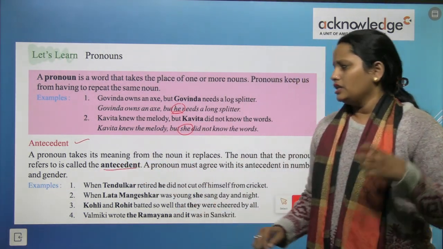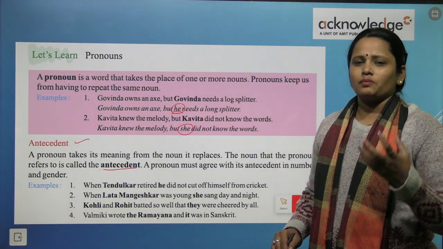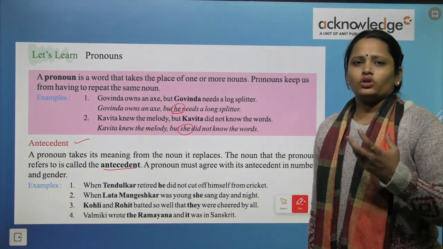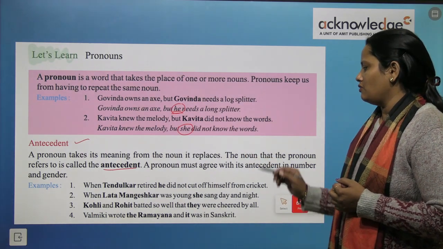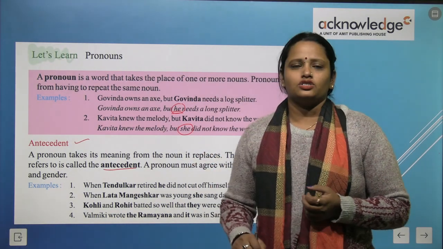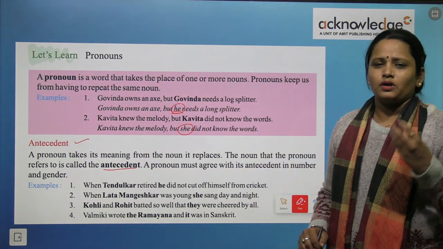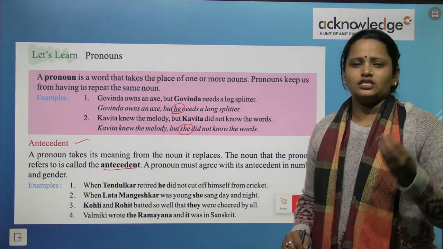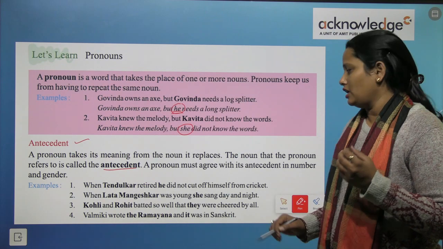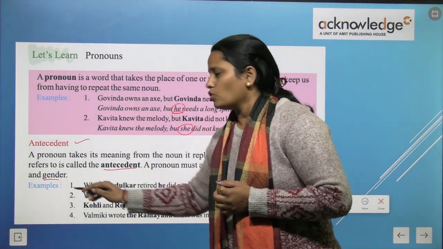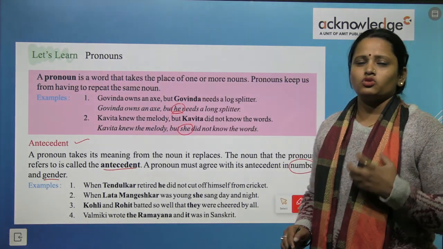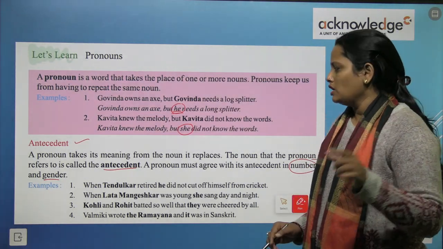So pronoun जो noun की जगह पे आते हैं उन्हें हम antecedent कहते हैं. A pronoun must agree with its antecedent in number and gender. So जब noun की जगह पे pronoun डालना है, so उसका जो number है और उसका gender उन दोनों को agree करना चाहिए, तभी हम उसकी जगह पे एक proper pronoun place कर सकते हैं.